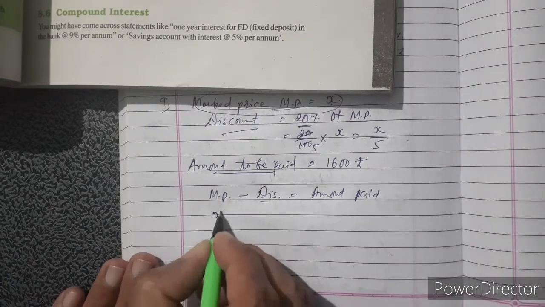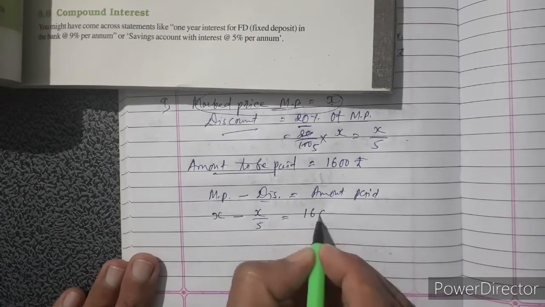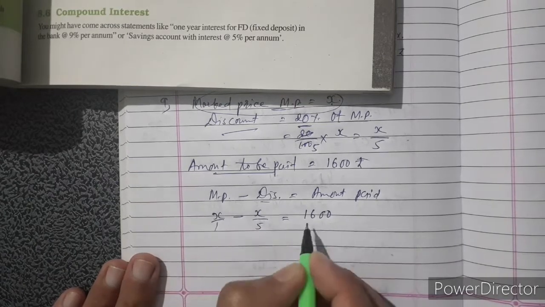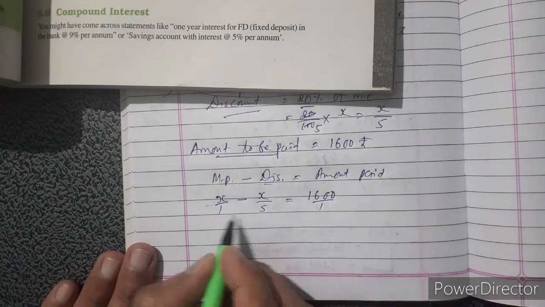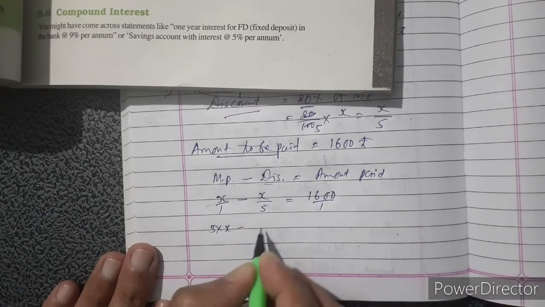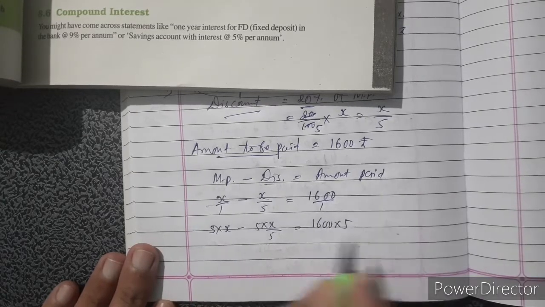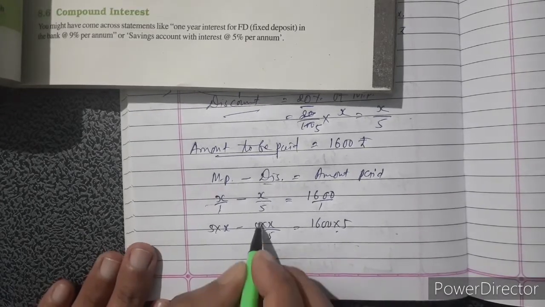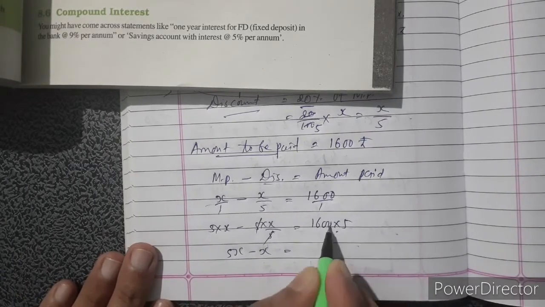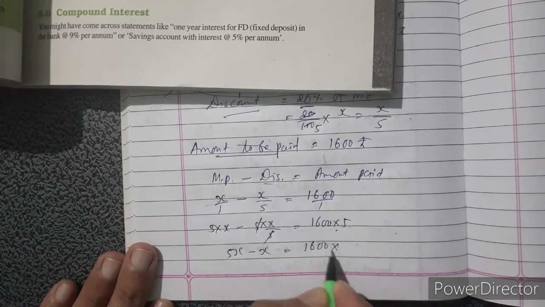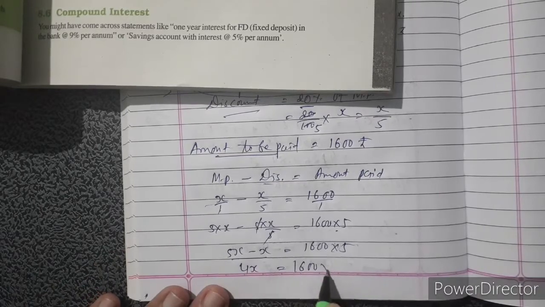So the mark price is X minus X upon 5 equals 1600. What is the LCM? 5. So multiply all terms by 5. So 5 into X minus 5 into X upon 5 equals 1600 into 5. So 5X minus X equals 1600 into 5. So that is 4X equals 1600 into 5.